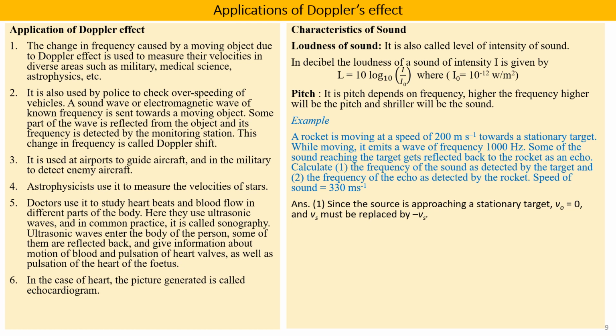Since the source is approaching the stationary target, V naught is equal to 0 and Vs must be replaced by minus Vs. Thus we have nu, the frequency, equal to nu naught divided by 1 minus Vs by V. That is equal to 1000 hertz, nu naught is given, divided by 1 minus the speed of the rocket, 200 meters per second, divided by the speed of sound, 330 meters per second.